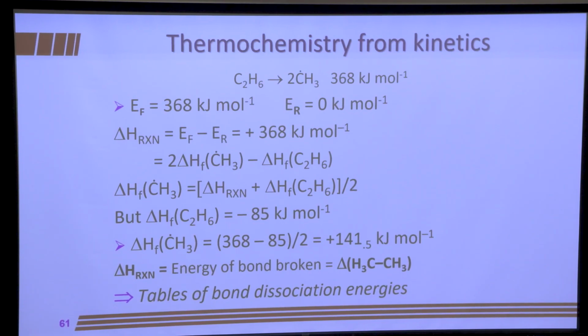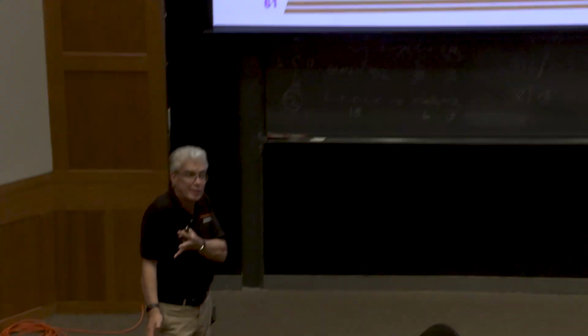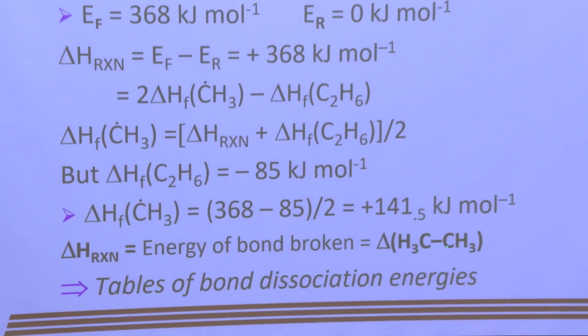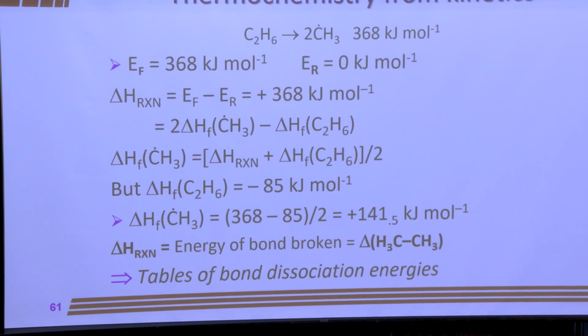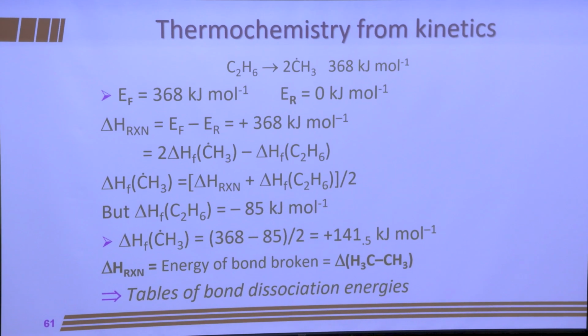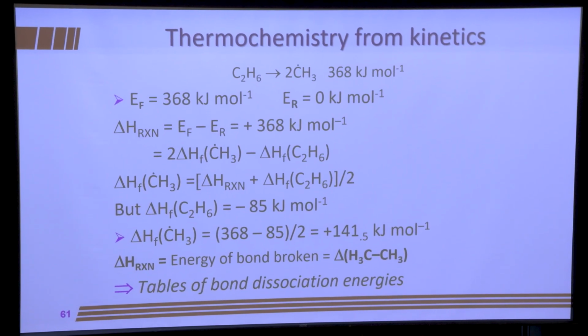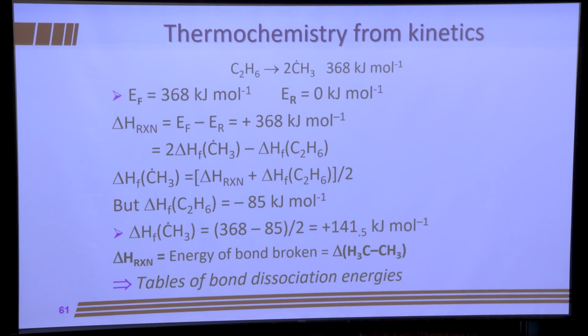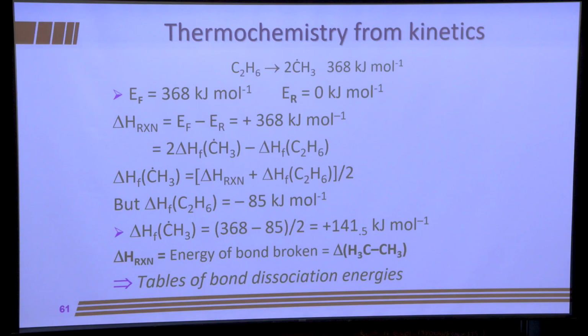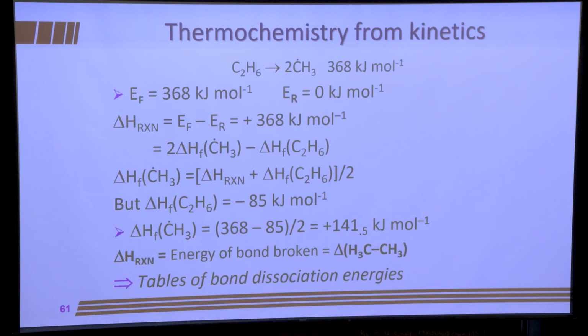So if we did a series of reactions where we measure these bond dissociation energies, we can take, for instance, C2H6 giving us C2H5 plus H, and we could measure the rate of formation of ethyl. If we do that, we can then get the activation energy for that reaction if we do it at different temperatures.